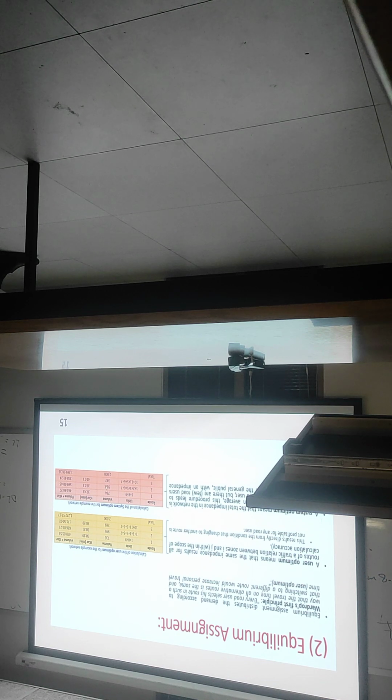Here they are actually minimizing the impedance, as you can see. The first route and the second one are minimized, but the third one is increased, because they said sometimes the impedance will be above average. So this is the difference between the user optimum and the system optimum.